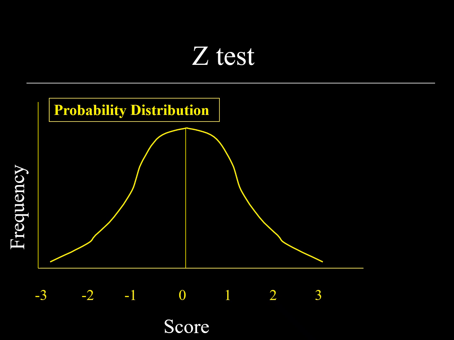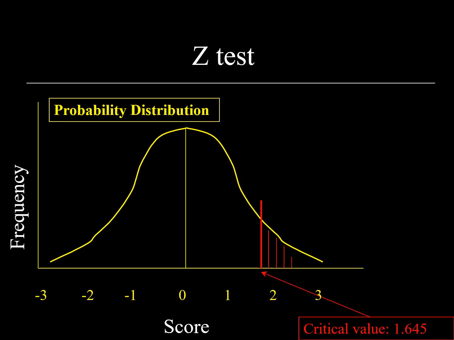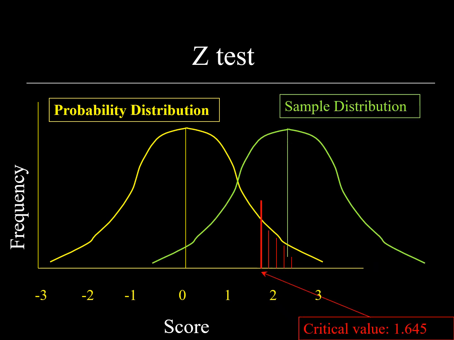So again, we have our probability distribution, we have our critical value, and then we have our sample distribution. If our sample's distribution is significantly above, in other words, the difference we find is on average above the critical value, then we can claim it statistically significant. If it is not, we have to claim it is not statistically significant.